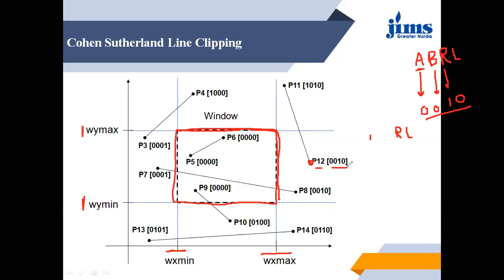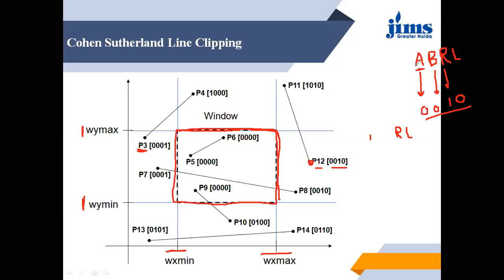In the same way, when we want to find out the region code of P3, then first of all we have to check that is it above the window. When we are considering P3, then P3 is not above the window.